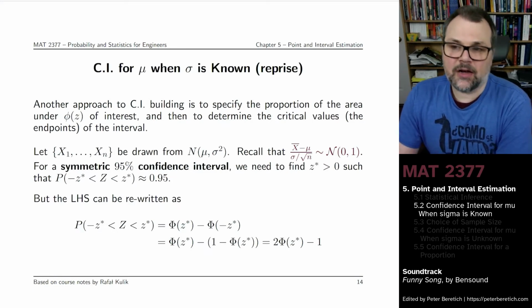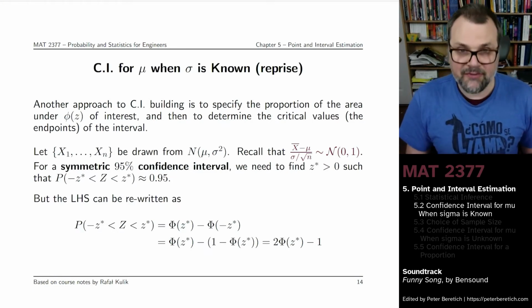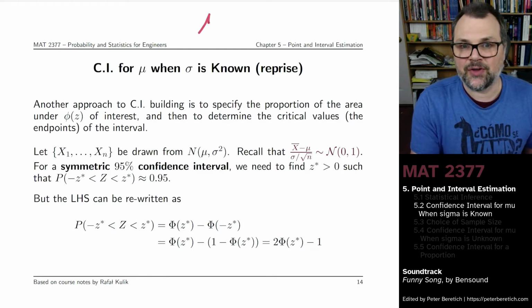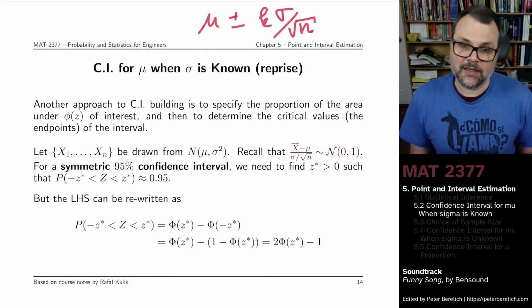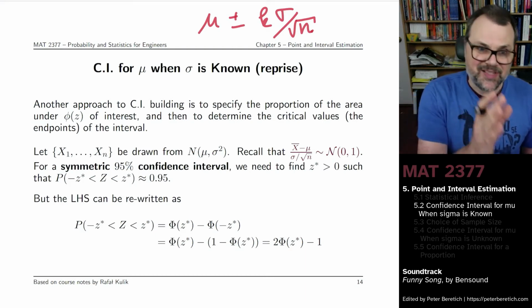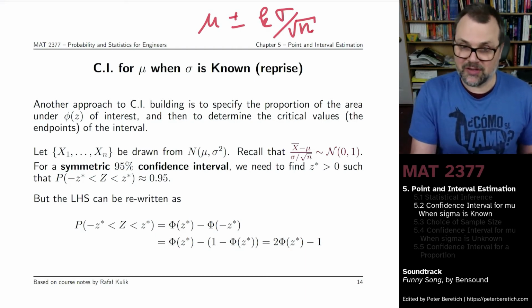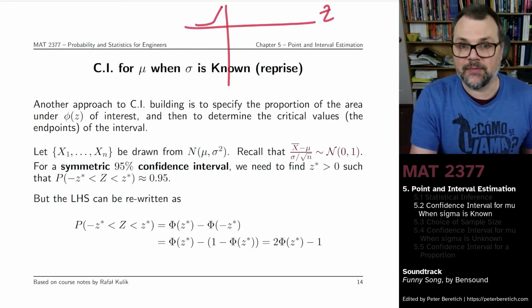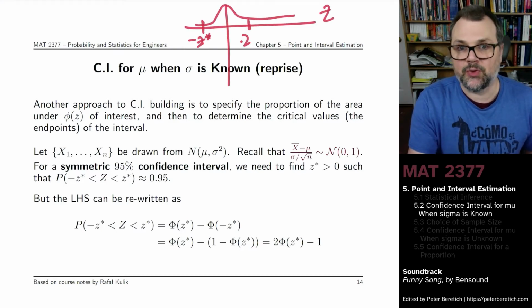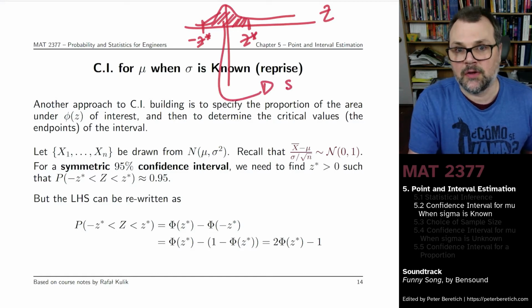Now, instead of picking a fixed number of standard deviations away from the mean, you might decide to find specific values, specific critical points, which will guarantee that the area underneath the curve is some value.